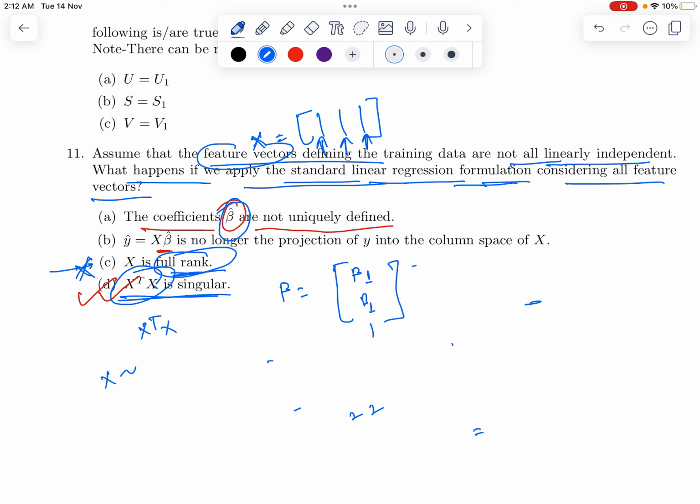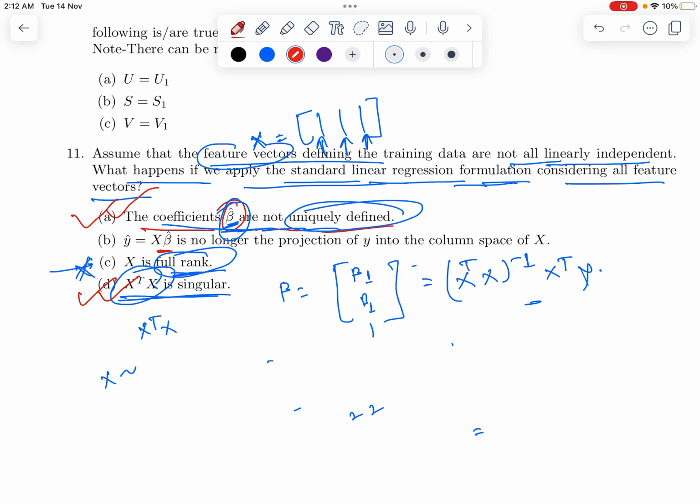Now how do we find the parameters? Here b hat is the parameter. We find it as X transpose X inverse, then X transpose y. Now, the coefficients b hat are not uniquely defined. This is correct. Why?